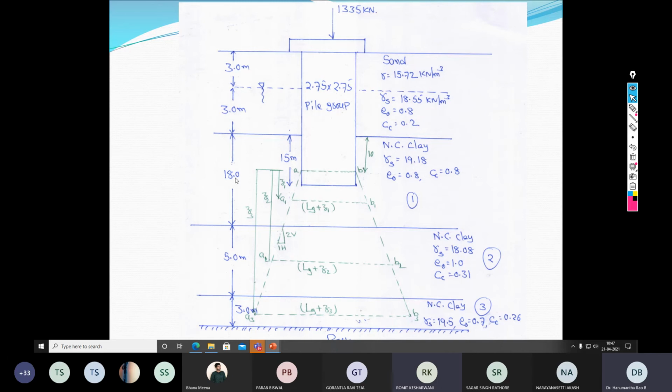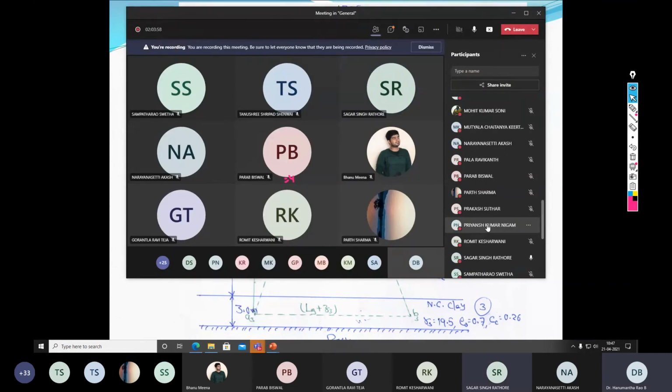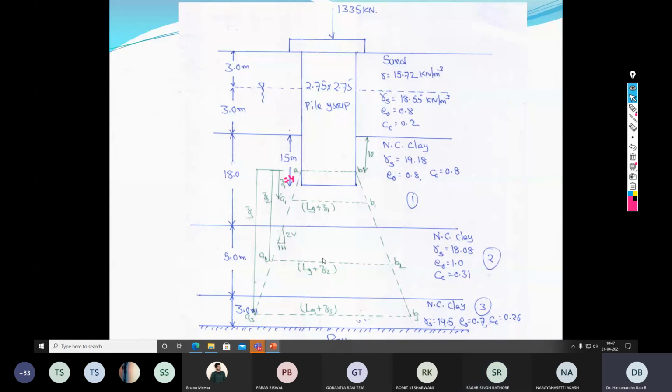So Z1 should be 4. Z1 is 4, Z2. Anyone? 10.5, sir. 10.5. 4 plus 2.5.